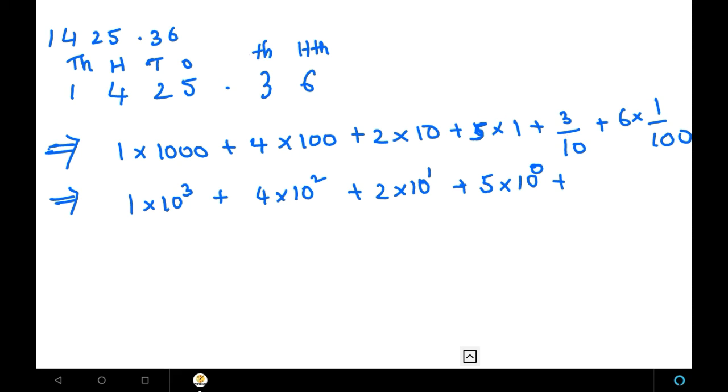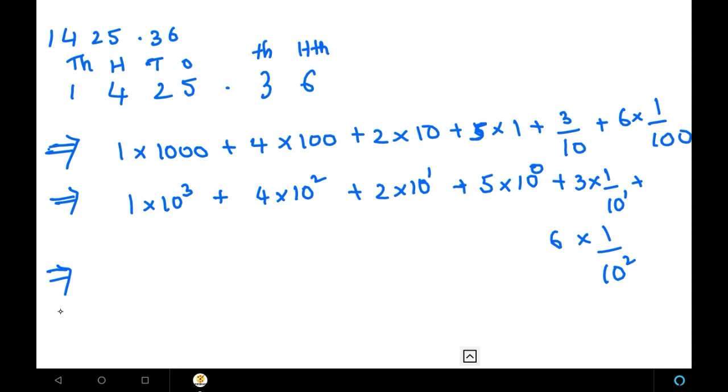Now, to write these types of decimal numbers, we can write 3 into 1 by 10 power 1, and 6 into 1 by 10 power 2, with the powers in the denominator. I'll tell you another form to write these decimal numbers.